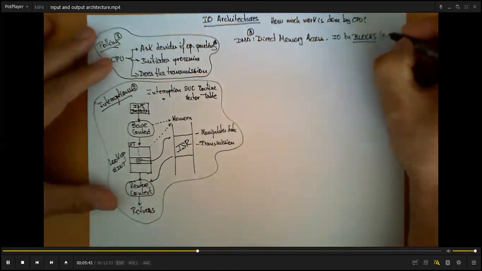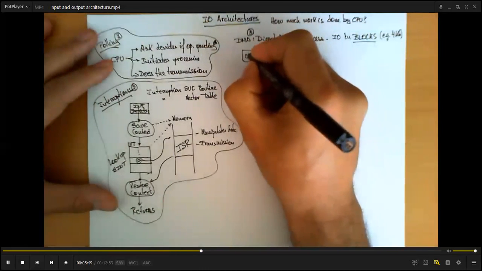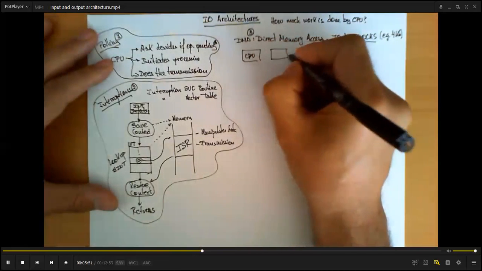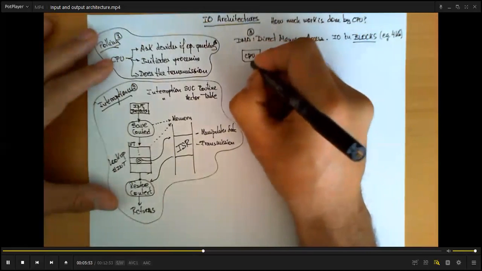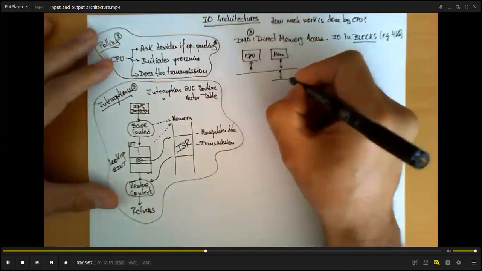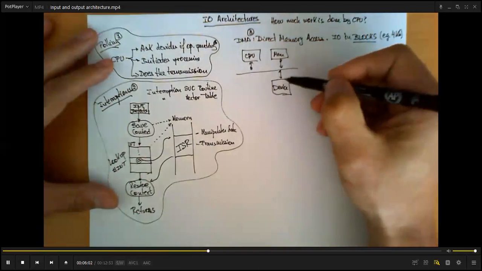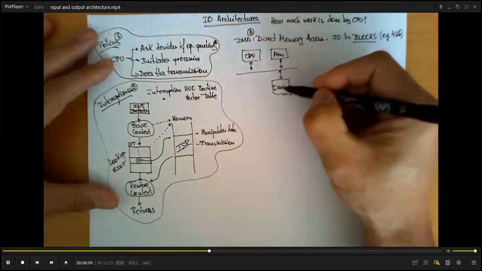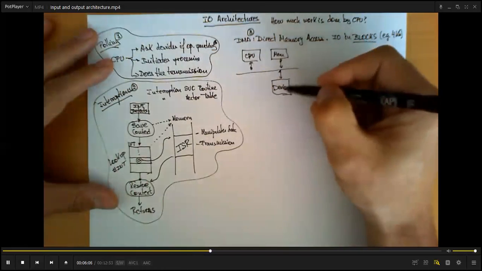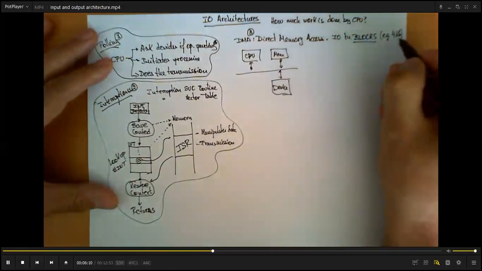Sometimes these blocks are 4 kilobytes. So we have devices connected to the system, CPU, memory, connected to the bus, and we have here a device. Rather than having 1 or 2 characters produced by the device, where the input-output operations are based on characters, these operations are based on blocks, large blocks, 4 kilobytes.